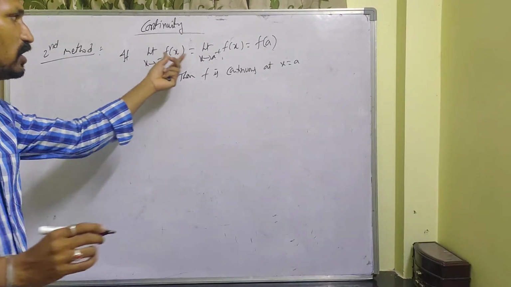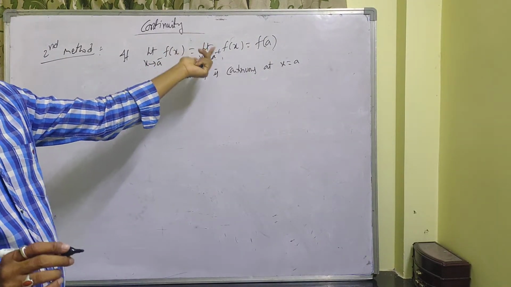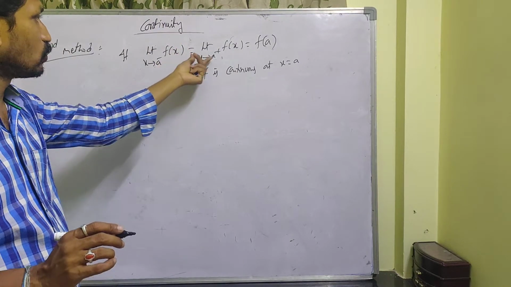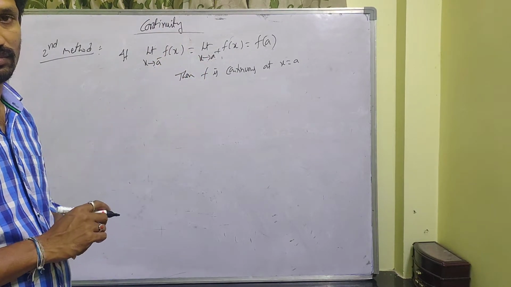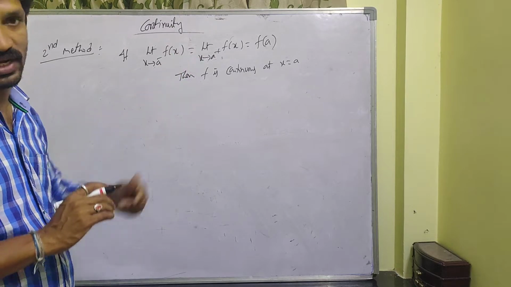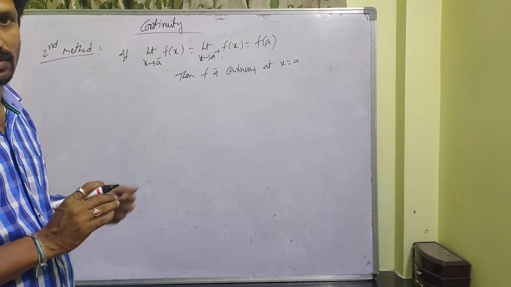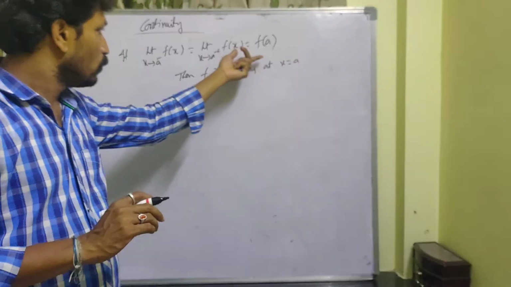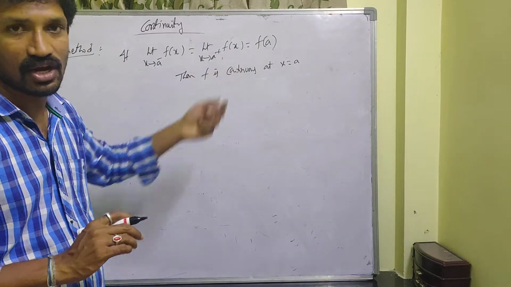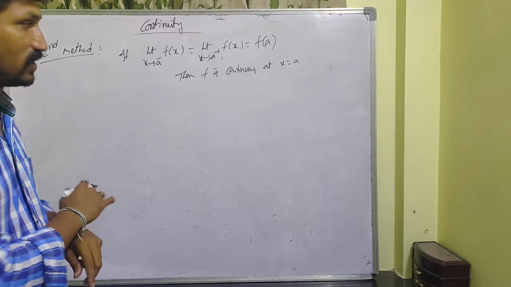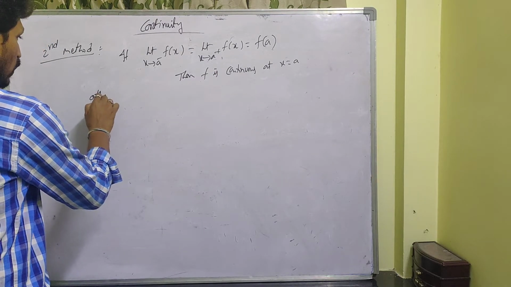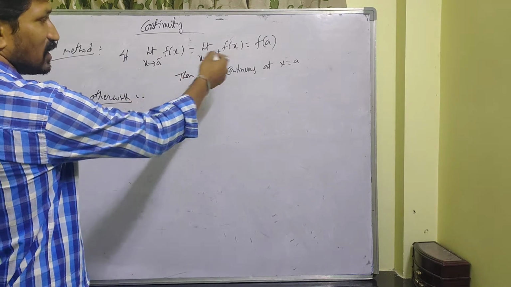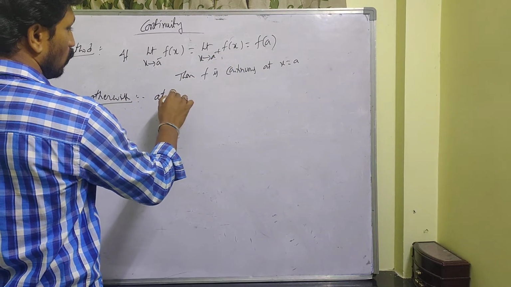In the previous definition directly you said if limit x tends to a, f of x exists. So limit x tends to a, f of x exists in the sense that these two should be equal, and those are finite values. That one only we are discussing. So if you have like this, this is continuous at x is equal to a. Otherwise, at least one of them doesn't hold.